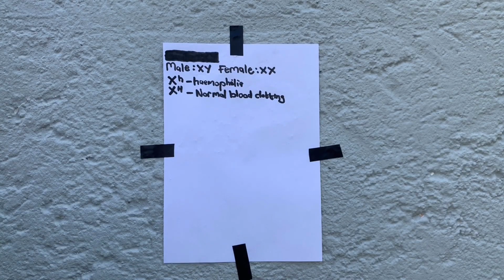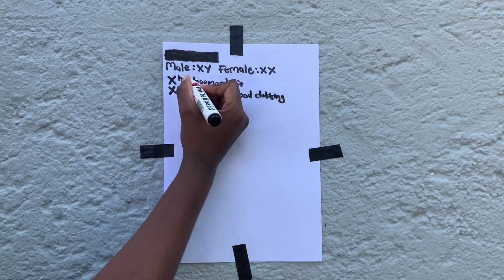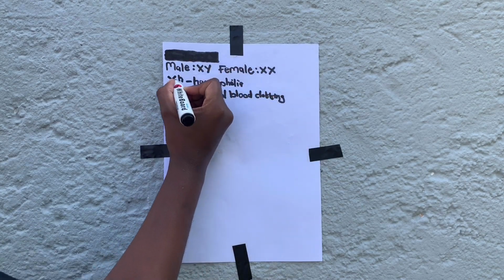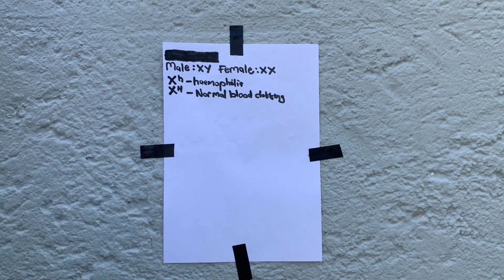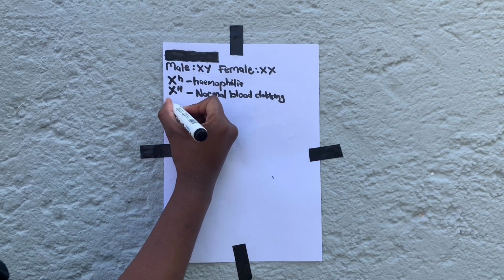The reason why I say it is easier for a male to have such is because a female would need two recessive alleles for hemophilia, whereas if a man just has one, then he has hemophilia. So that gives us the following combinations.